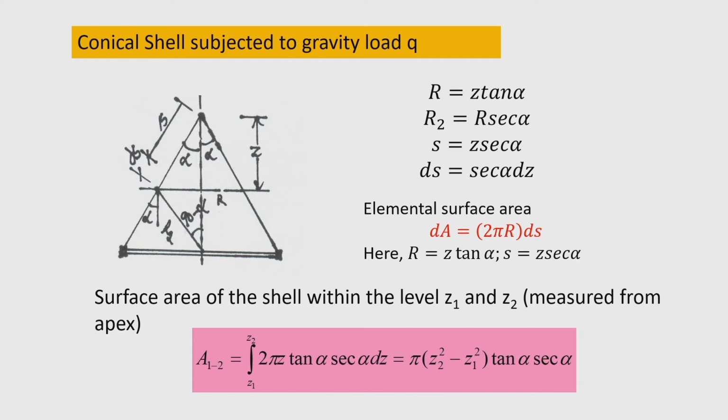Here you can see how the shell of surface of revolution is formed. It is formed by rotating a plane curve around an axis of rotation. Here the meridian is a straight line, inclined, and it is rotated around the axis of rotation to form the conical shell.